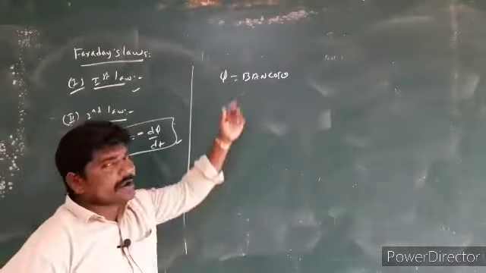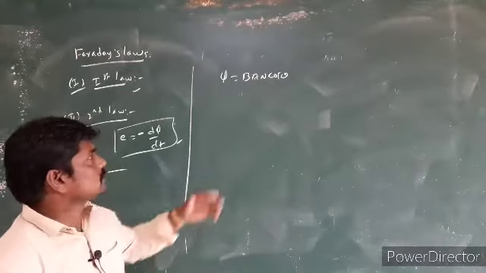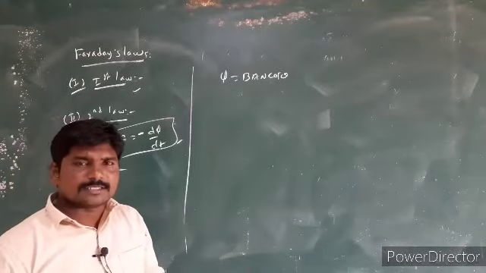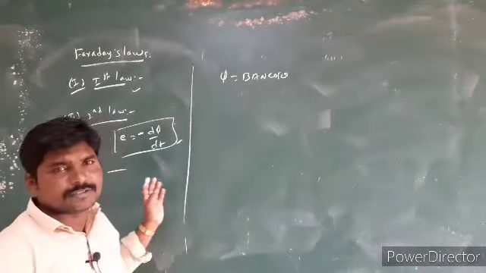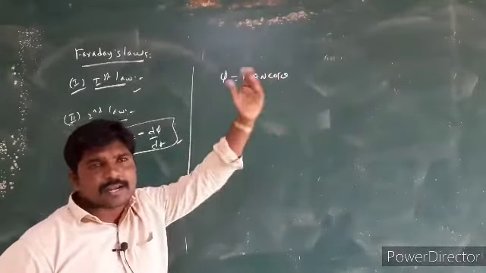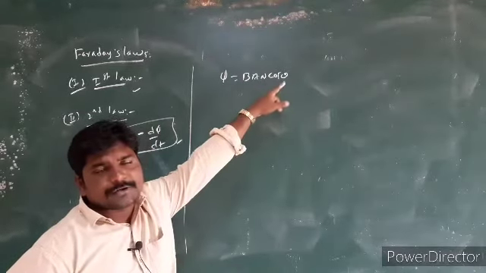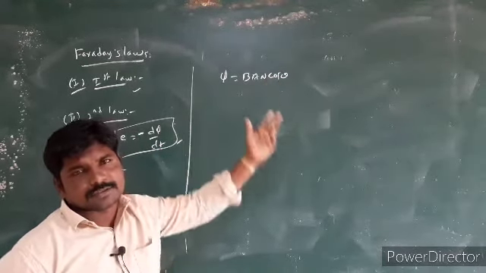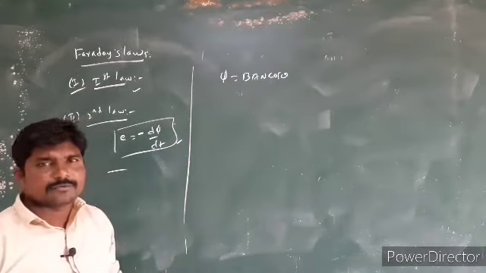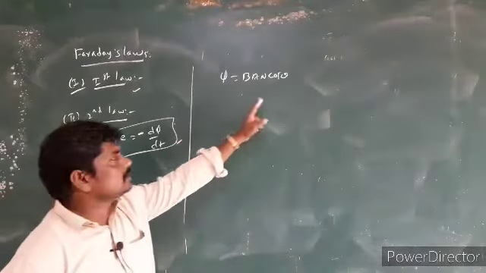If the area of the coil changes, EMF is induced. If the number of turns of the coil changes, what happens? Flux changes, and the resultant EMF is induced in the coil. If theta changes, meaning if the coil rotates in the magnetic field, the angle between A bar and B bar changes. That's why the flux linked with the coil changes, and the resultant EMF is induced. Here the flux depends on these factors.